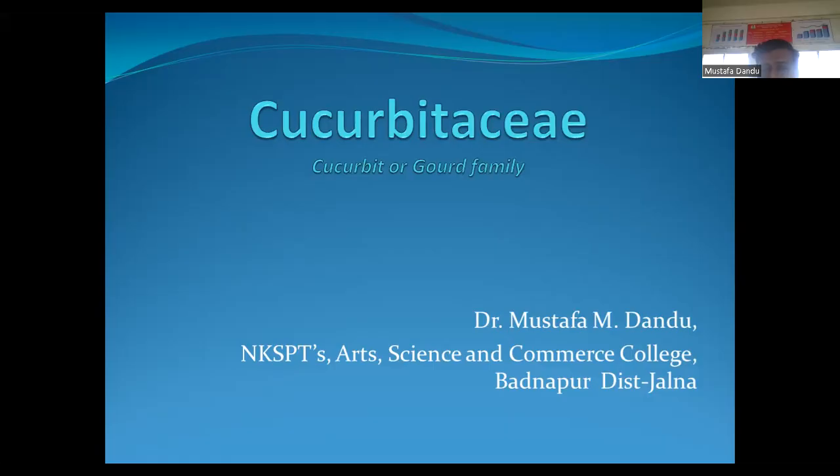Gynoecium: ovary inferior, tricarpellary, syncarpous, unilocular with ovules on parietal placentation. Style is short and stigma is branched. Often three or an entire stigma is present.